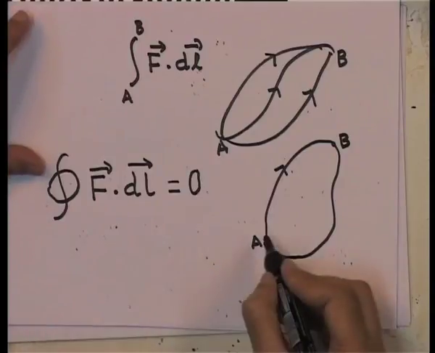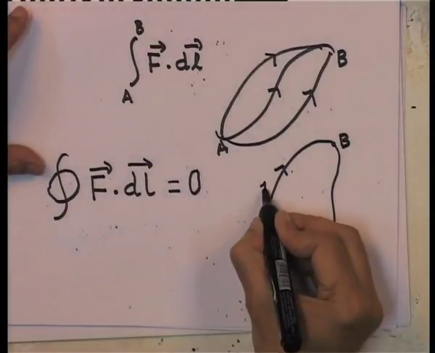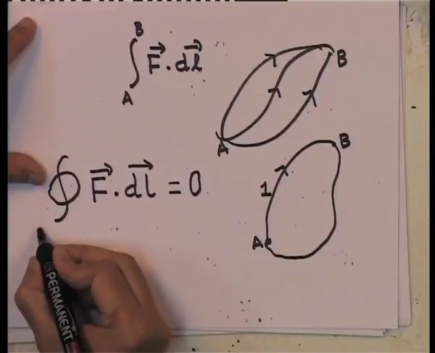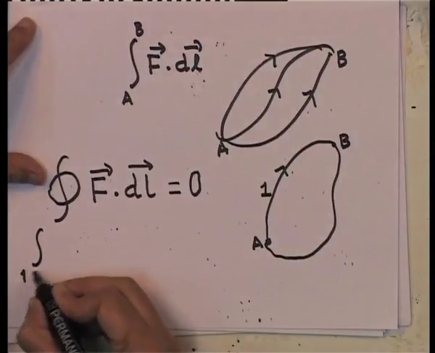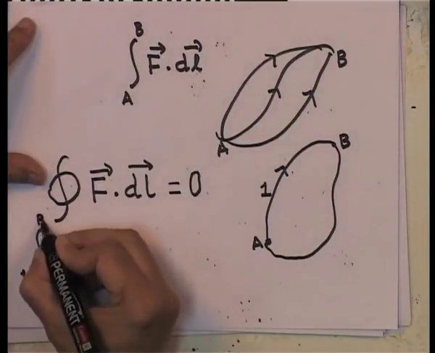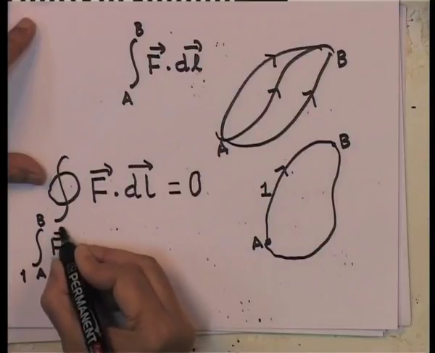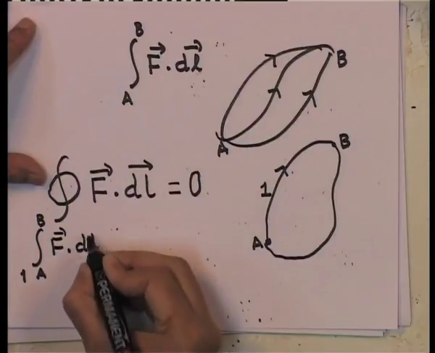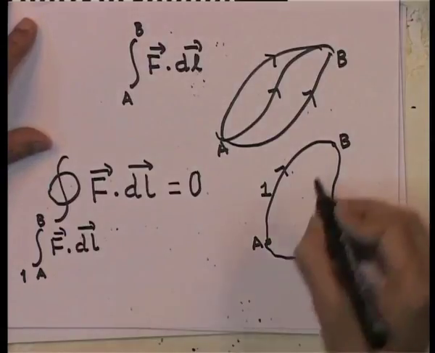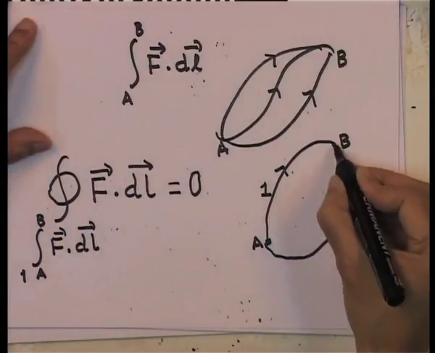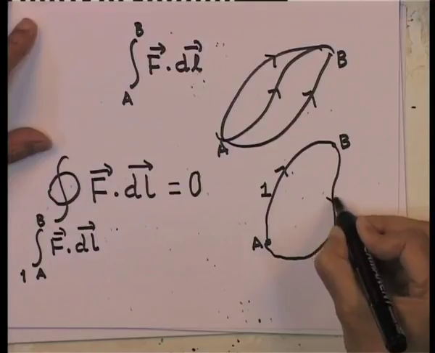So, you notice my integral is from A to B by path 1, and then once I reach B, I am following a segment of the path which is 2.